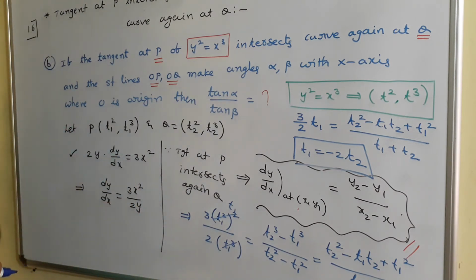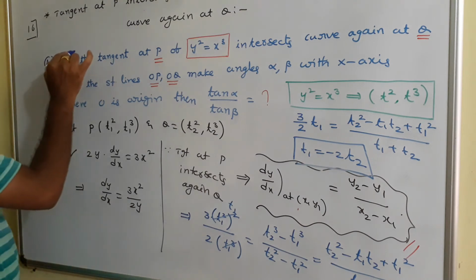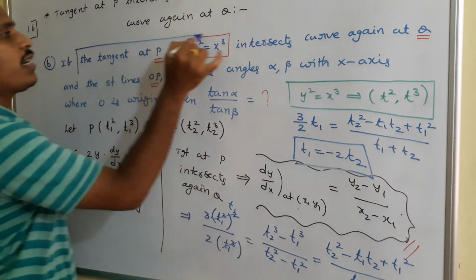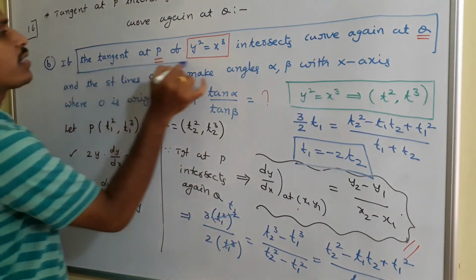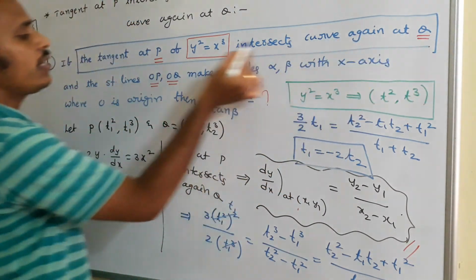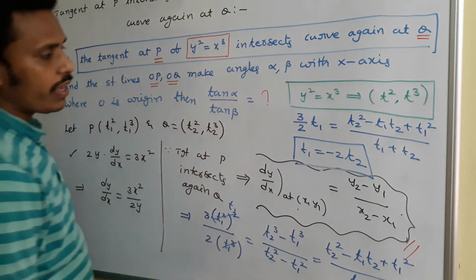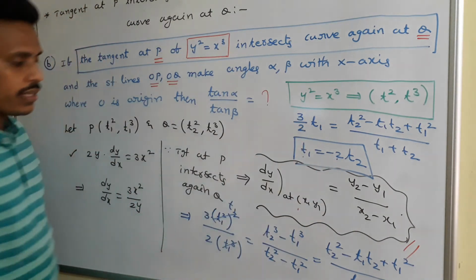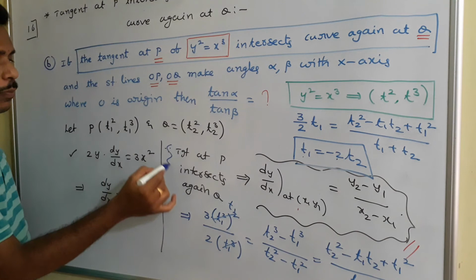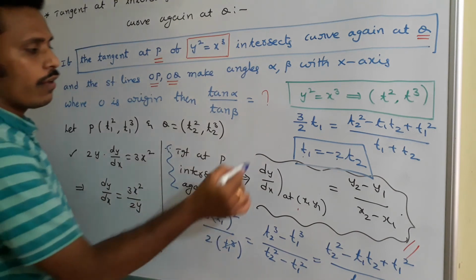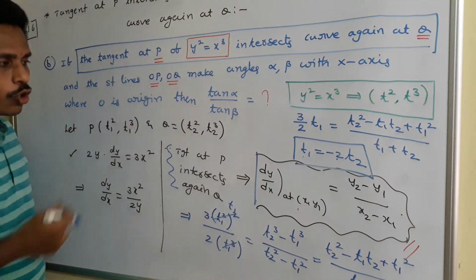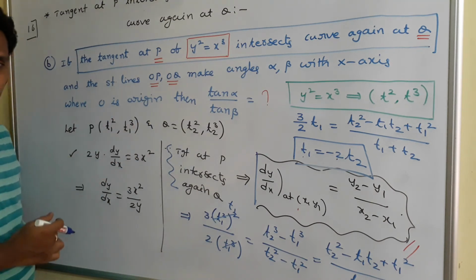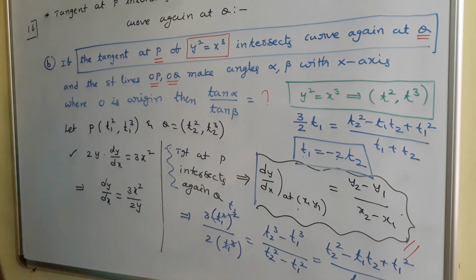Just have a look: I am using the first line, that the tangent at point P of the curve again intersects the curve at Q. With this idea, at the end we have t1 equal to minus 2t2. So if the tangent at P intersects the curve again at Q, we have this relation, and from there we conclude that t1 is equal to minus 2t2.